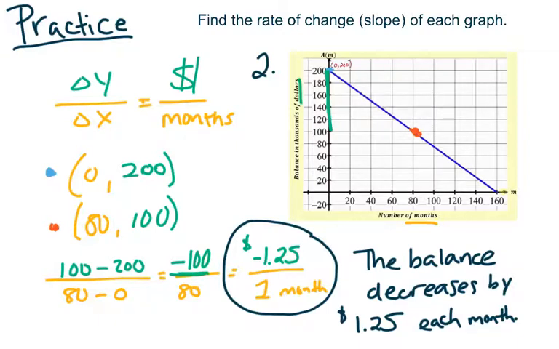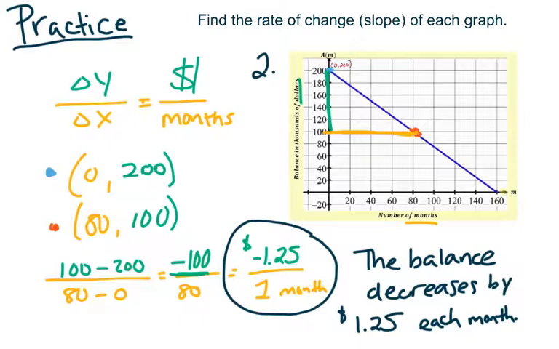And then I subtracted 80 minus 0 to get 80 for my denominator. Along the x-axis, it moved 80 to the right, which was increasing, so it's positive. Then when I divided, I got negative $1.25 per 1 month. So the balance decreases by $1.25 each month. Again, you could have used different points along the line. These are just the 2 that I chose to use.